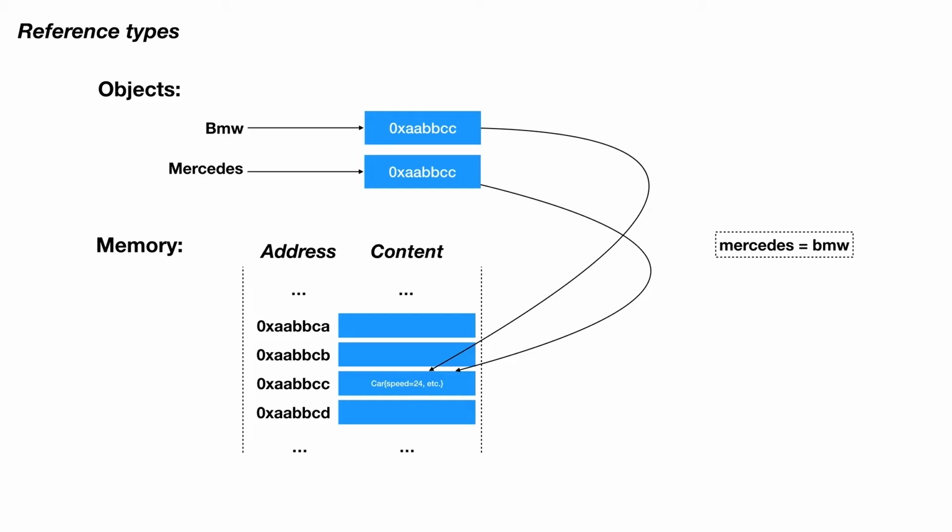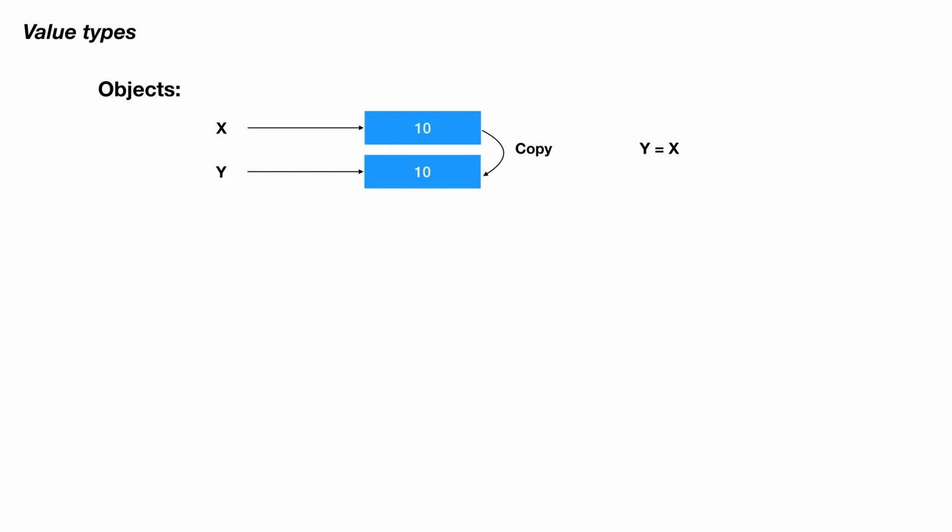That's the main idea of reference types, because what this means is that we're defining a type which doesn't store a value. It stores a reference to a location in memory where that value is located. This is contrary to value types or primitive types, where the behavior is completely different.